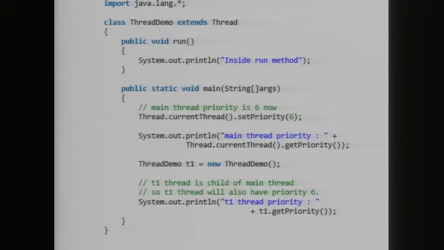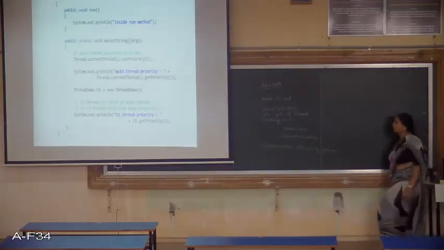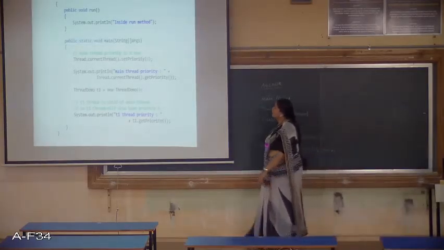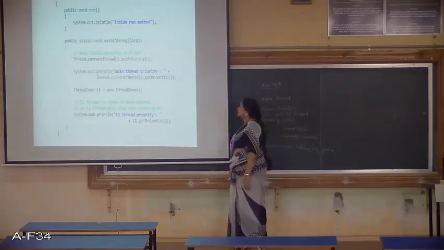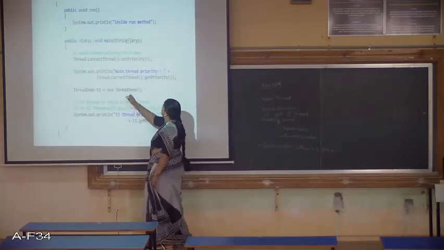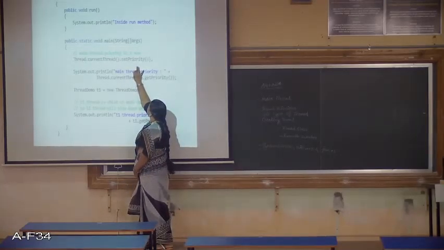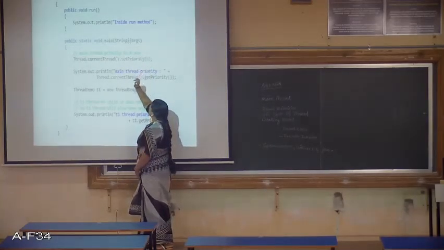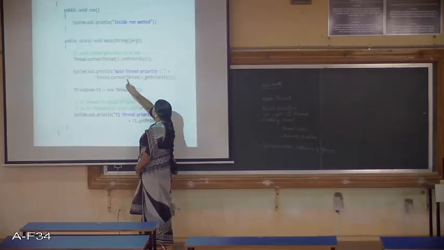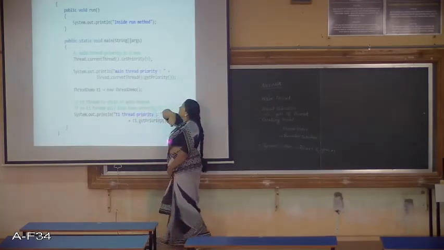Here you can observe that the main thread's priority is 6 and the T1 thread is a child of the main thread. So the T1 thread will also have priority 6, isn't it? Why do we have the priority value of the main thread as 6? The reason is we have used the setPriority method and we have passed an argument 6. So the main thread's priority is 6 now.